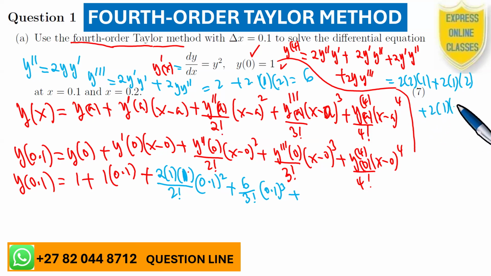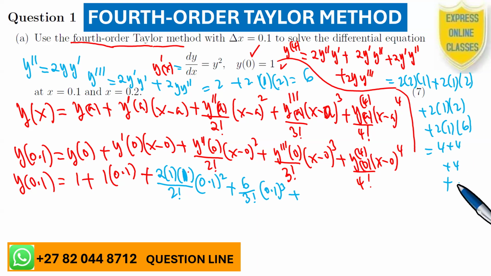Y0 is 1. Y triple primed, we got a 6. This is 2 by 2. It's 4 plus 4 plus 4.